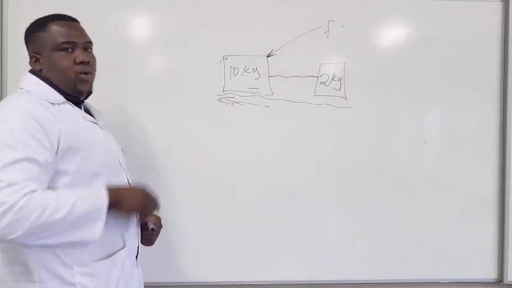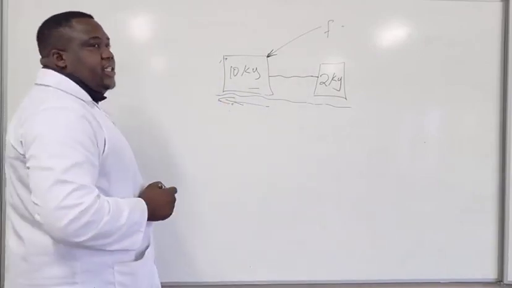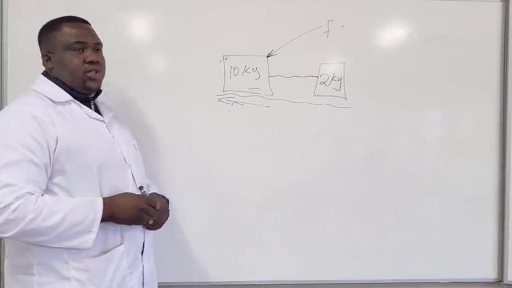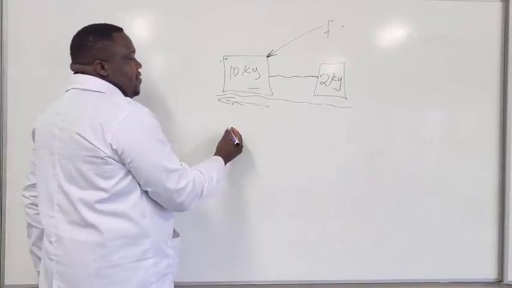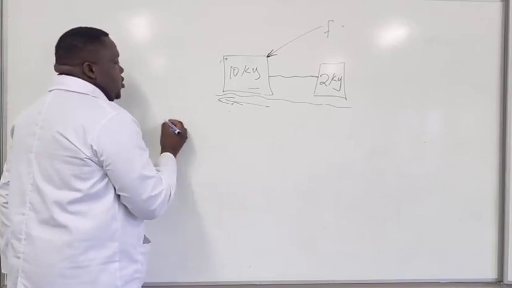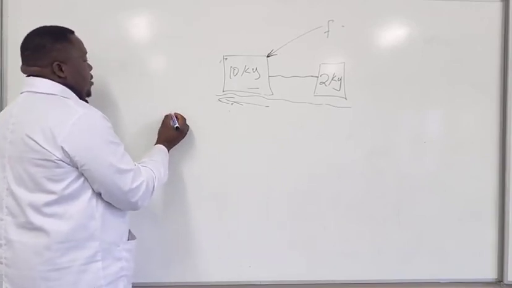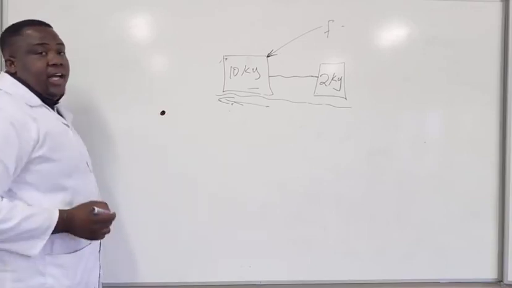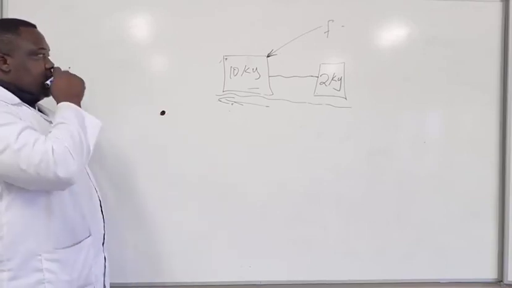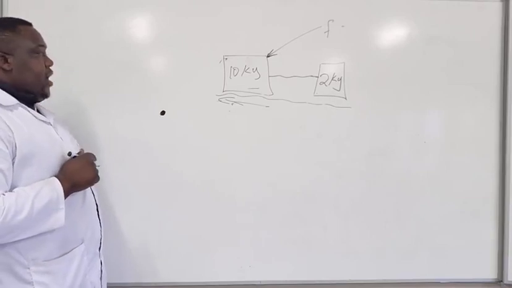So the manner in which you do it, by drawing a free body diagram for 10 kg, is that you are going to have a dot which represents the box, the 10 kg box.